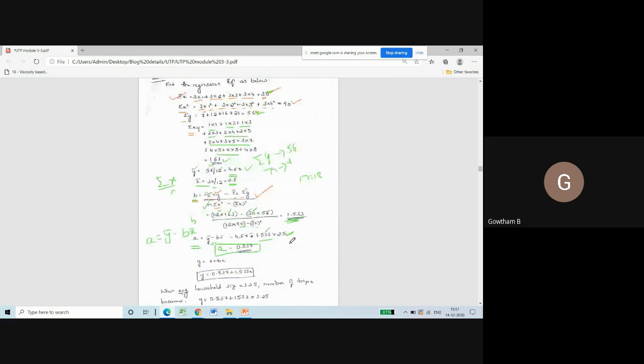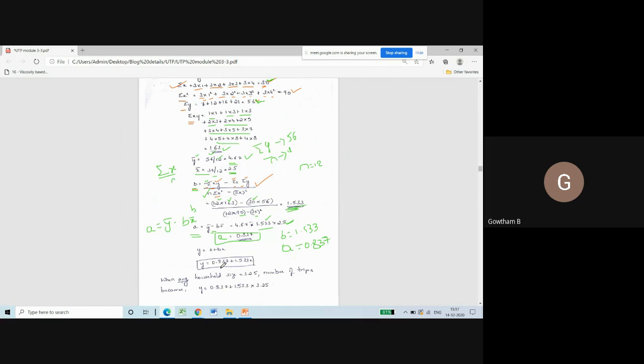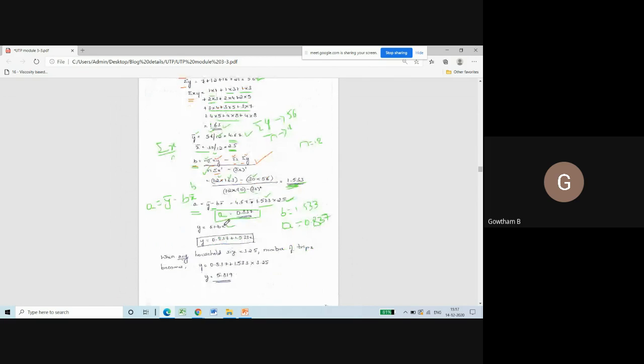Okay, once you are ready with the a value and b value, the finalized b value is 1.533. A is equal to 0.837. So the expression for y is equal to a plus bx. You know a is 0.837 and b is 1.533 into x.